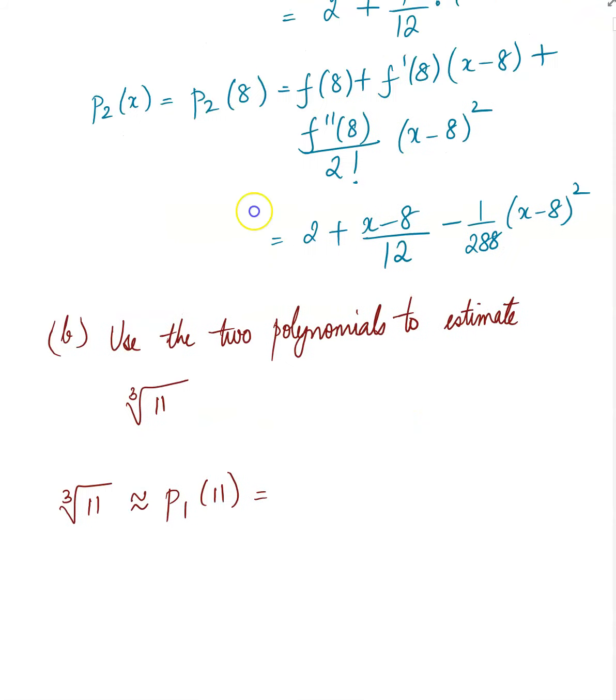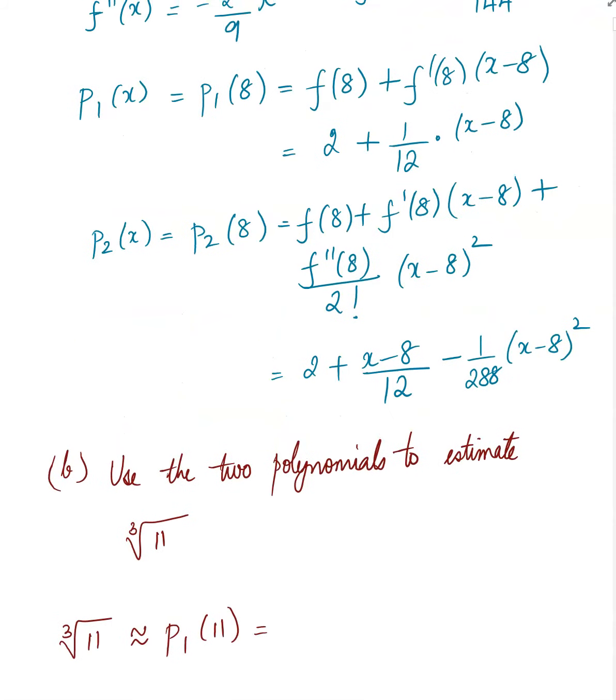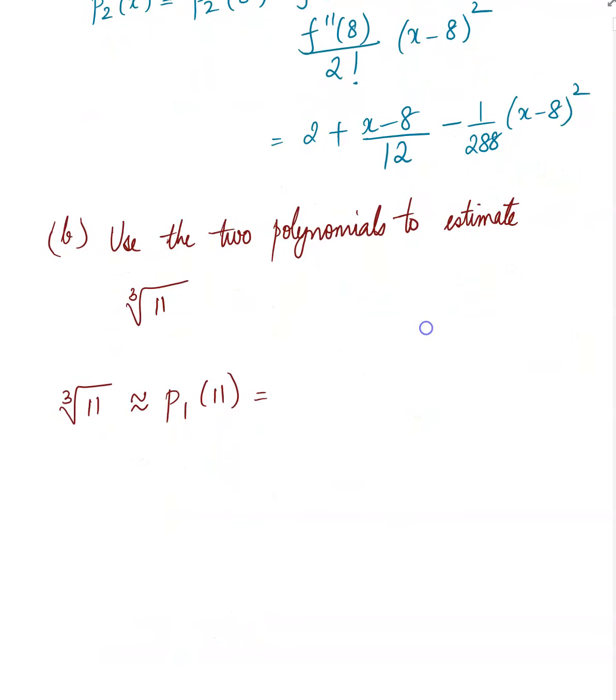So go back here. So P1 of x, wherever you had, I mean, the A was 8, right? The A was 8. So we come back here. So you're using the cube root of x format.